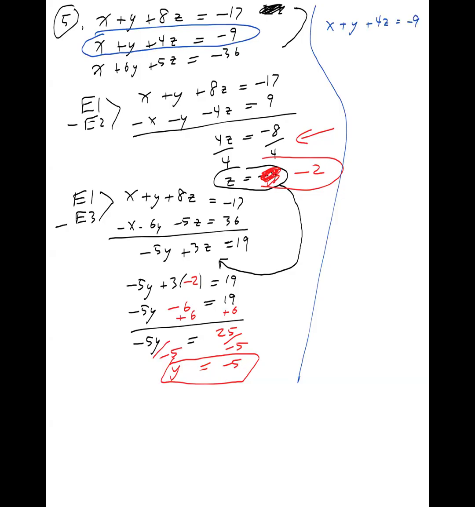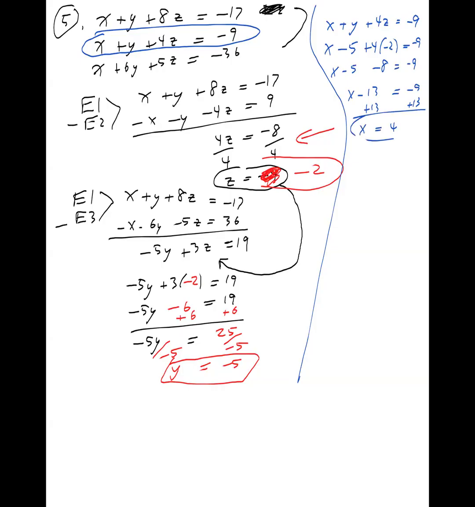I'll plug in -5 for the letter y, and for the letter z, I'll plug in -2, equals -9 on the right side. So 4 times -2 is -8. Then combine the -5 and the -8 together, you'll get -13. Add 13 to both sides to get the final answer, which is x equals 4.